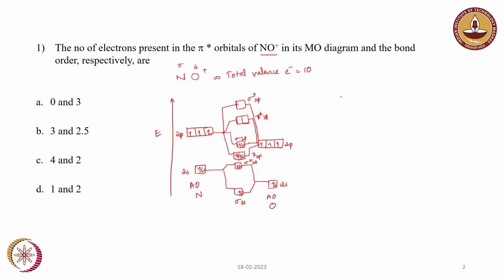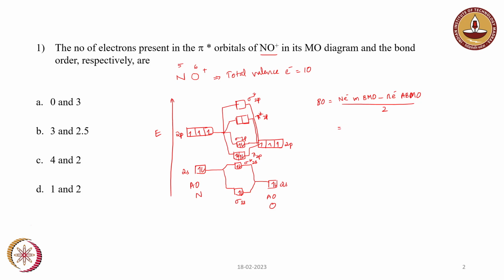So the bond order will be number of electrons in bonding molecular orbital minus number of electrons in anti-bonding molecular orbital divided by 2.